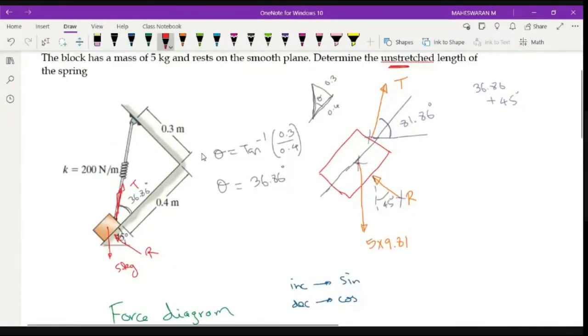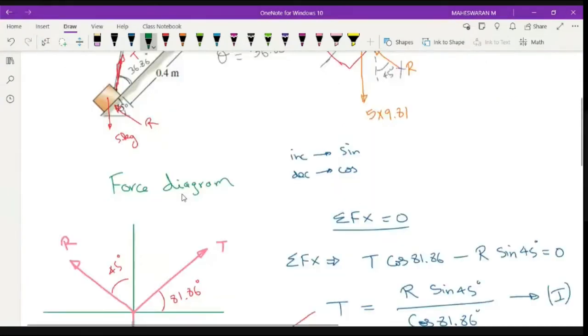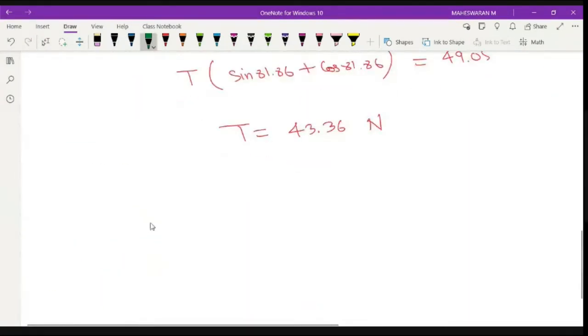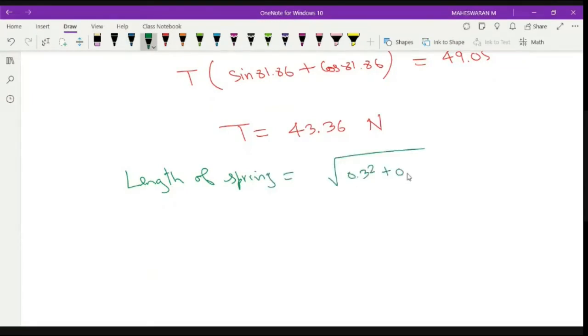Now you can see again, I am looking at the spring. You can see that this is a right angled triangle. You have 0.3 and 0.4. In that case, you know the length of the spring. It is root of 0.3 square plus 0.4 square, which is 0.5. Just for remembrance, I'm writing: length of spring is root of 0.3 square plus 0.4 square.